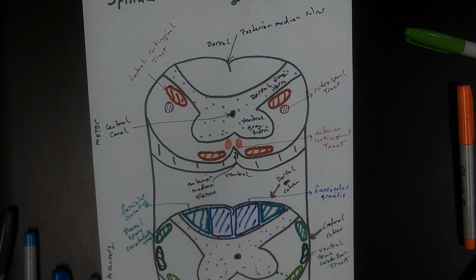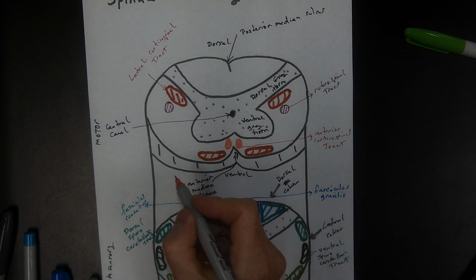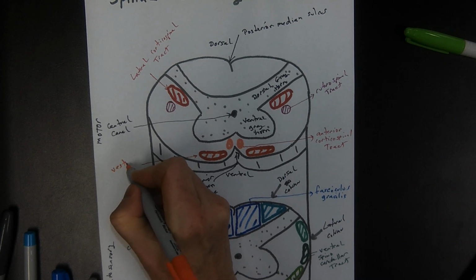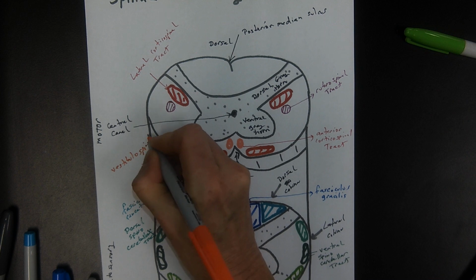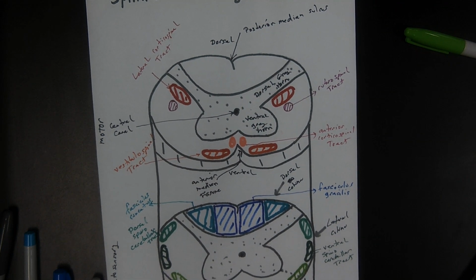This is the tract that's coming out of your vestibular nucleus, and that's going to be your vestibulospinal tract. So vestibulospinal tract, part of the anterior system. It's more toward the front.